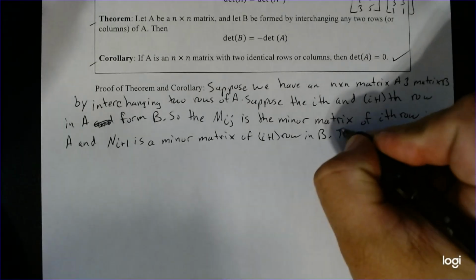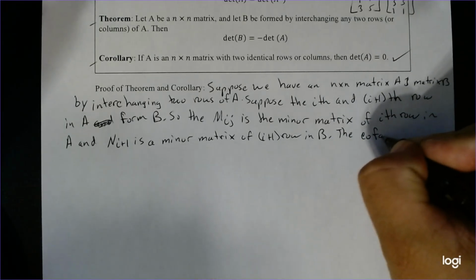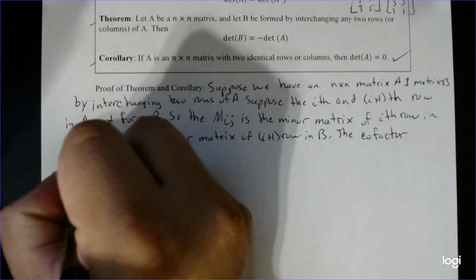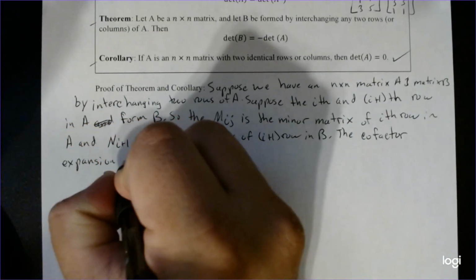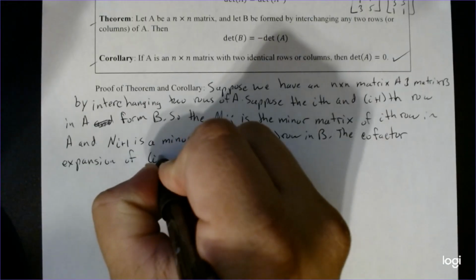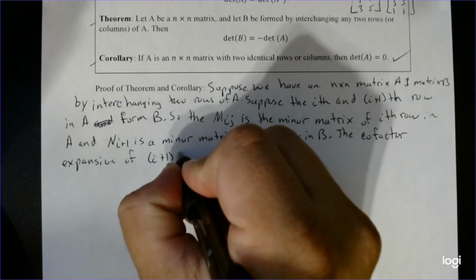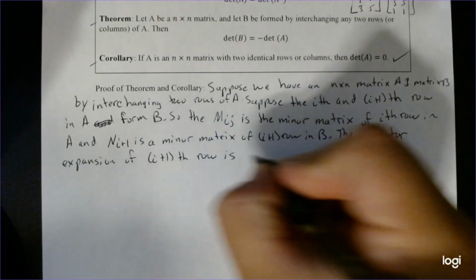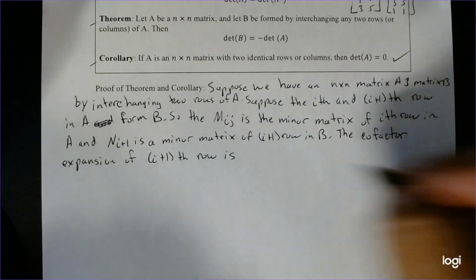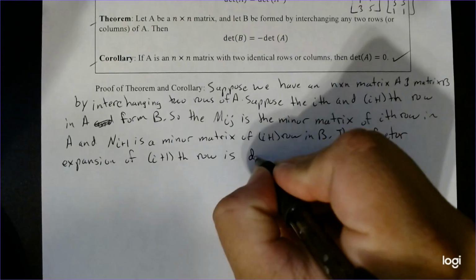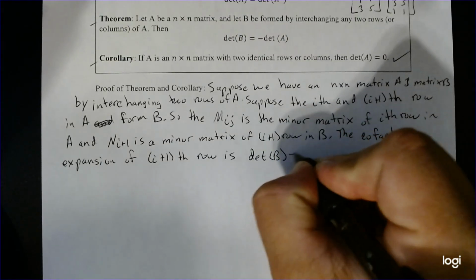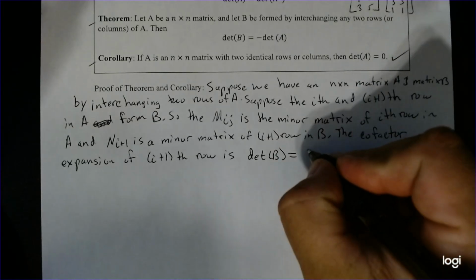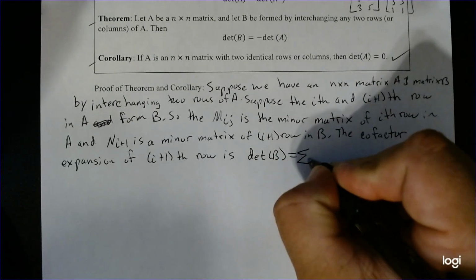So the cofactor expansion of the (i+1)th row is the determinant of B broken down into its component format, as we talked about last section.